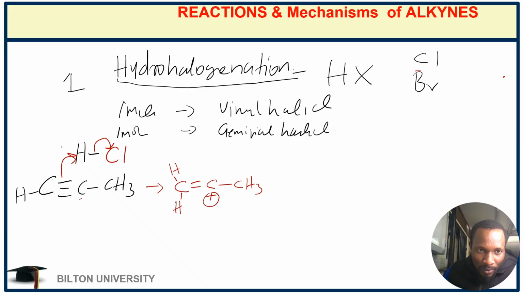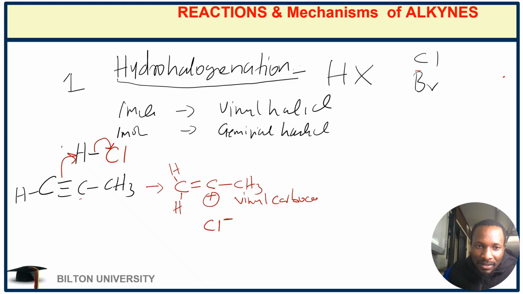And remember, when this chloride atom cleaved heterolytically, it had 2 electrons extra. This is what we call a vinyl carbocation. So this carbon here is having 6 electrons: 1, 2, 3, 4, 5, 6.